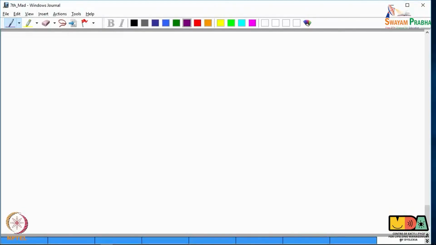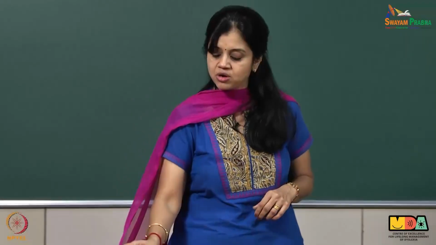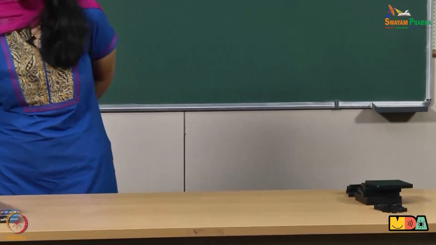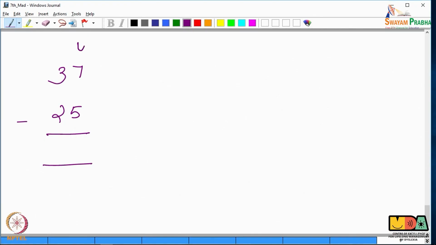First, when we introduce the concept, let us not give them borrowing and subtraction. Let us take numbers maybe 37 minus 25. So, let us see how to use manipulatives and make children understand the concept of subtraction. Now, let us first make the children put the place value on top.